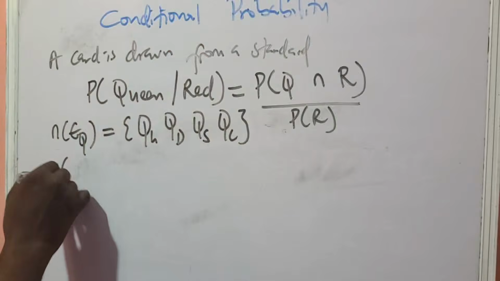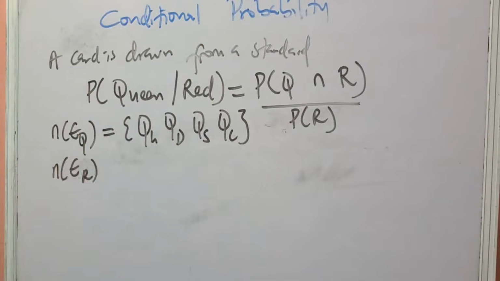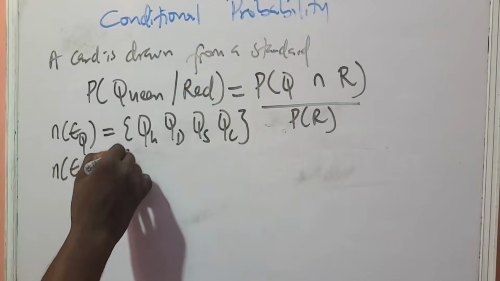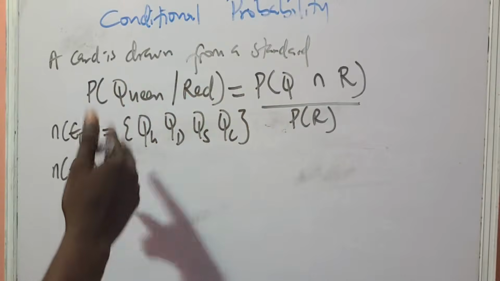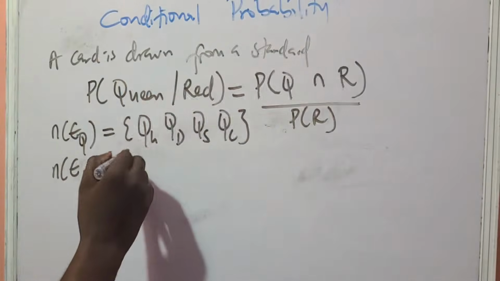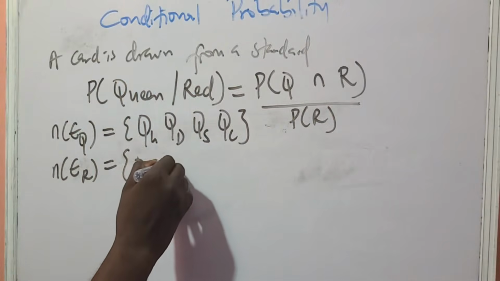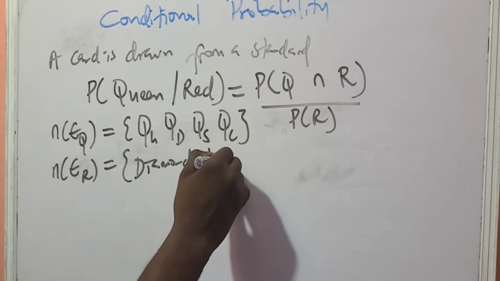Now, what's the event space for red cards? I told you guys that for red cards, we have 2 different suits that are red. Number 1 is diamond, number 2 is hearts.